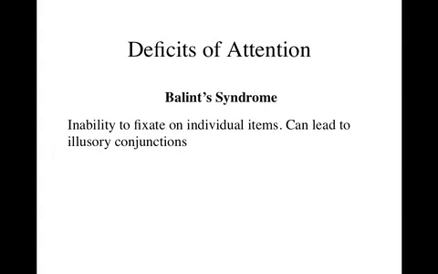Balint syndrome is a fairly rare syndrome where people are unable to fixate on individual items, and so they can't look at the red X or the blue T or whatever the case may be, and so therefore they may actually experience illusory conjunctions. So they kind of spread their attention all around at once without being able to do real selective attention.